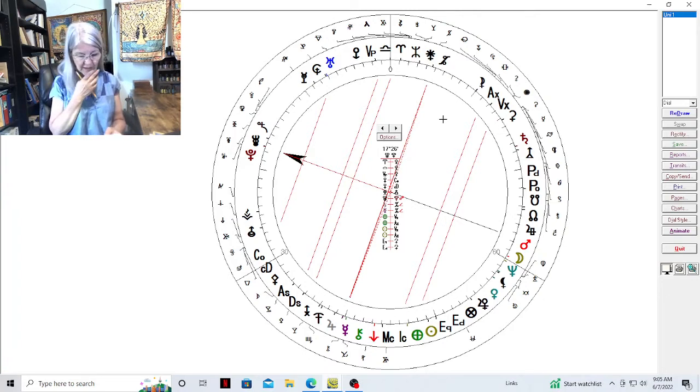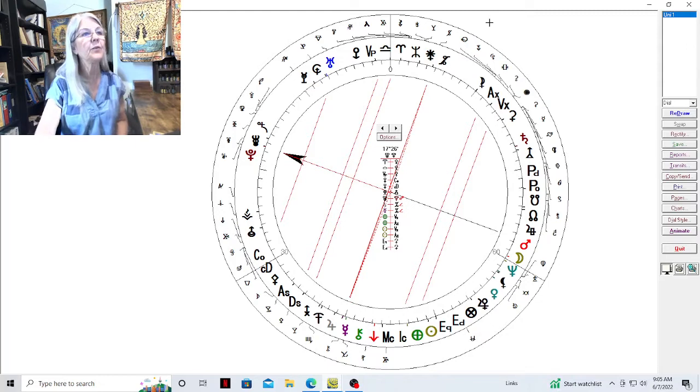But I do have to tell you that at 24 degrees of Leo, remember he's 16 degrees of Leo, so that's like a hit. And it is directly conjuncting his Cupido right here.